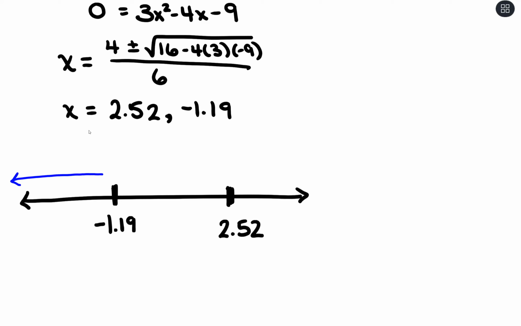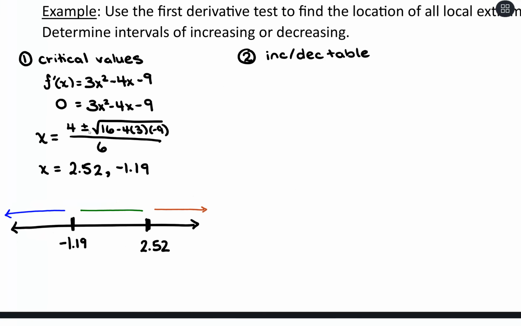We're going to have this interval over here, an interval between the 2 values, and then an interval that goes off to the right. So making my table, I want to describe these intervals. I have from negative infinity to negative 1.19. I have between the 2 values, so negative 1.19 to 2.52.